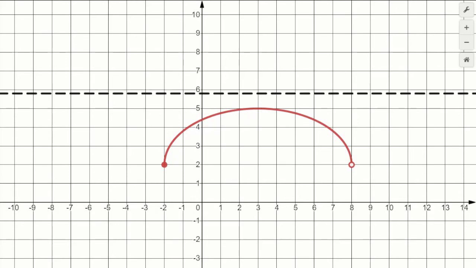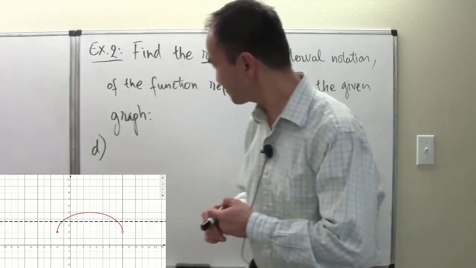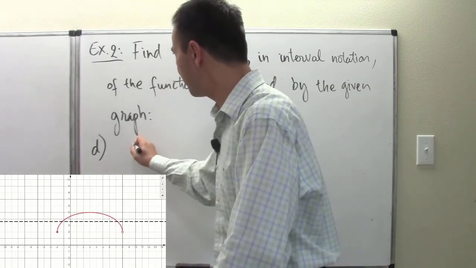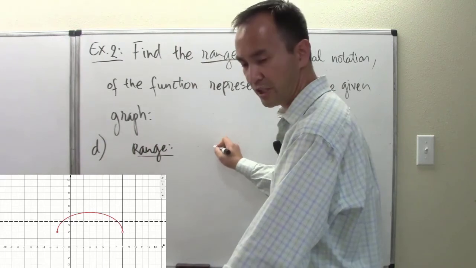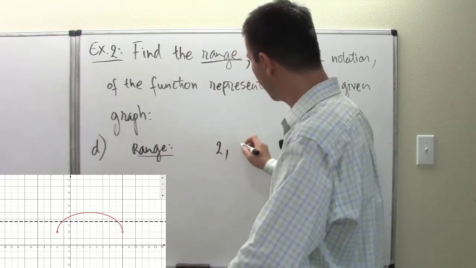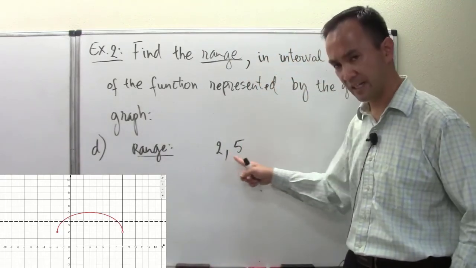So this horizontal line is telling the story: the range, estimated from the graph, has to be anywhere between 2 and 5. That's for sure.